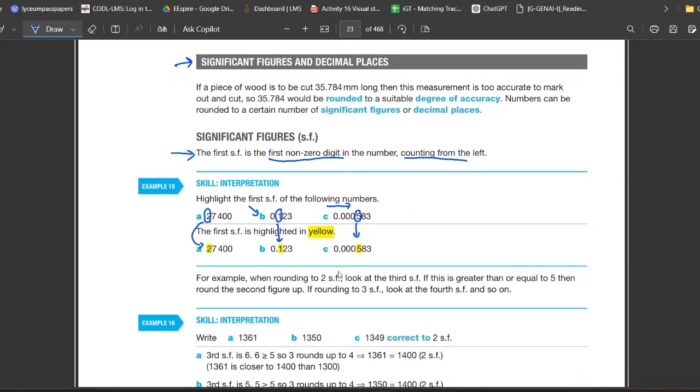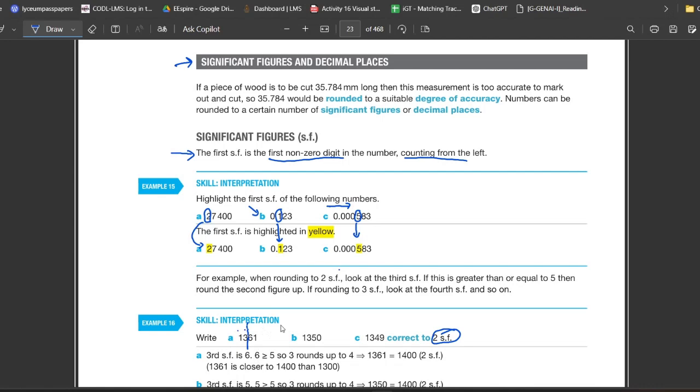Let's say they are asking us to round these numbers correct to 2 significant figures. That means we only have to consider 2 significant figures, 1 and 3. So the others we can omit.